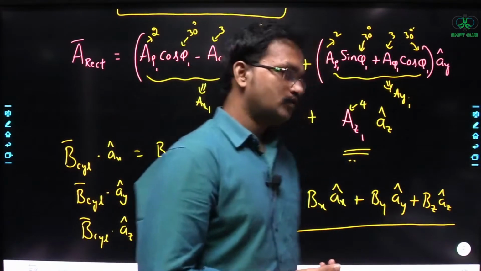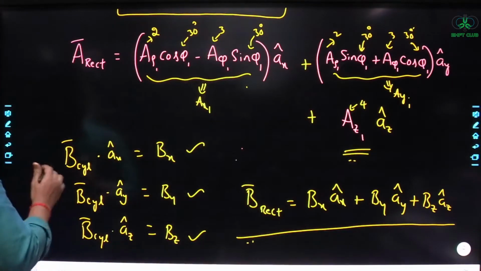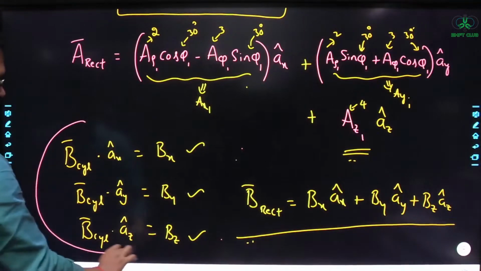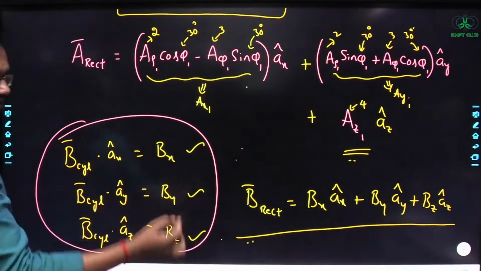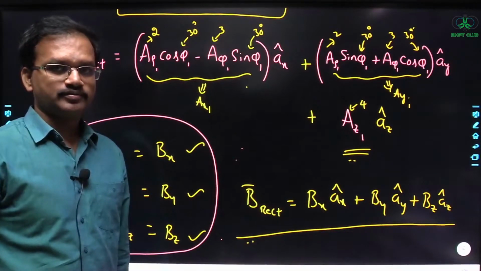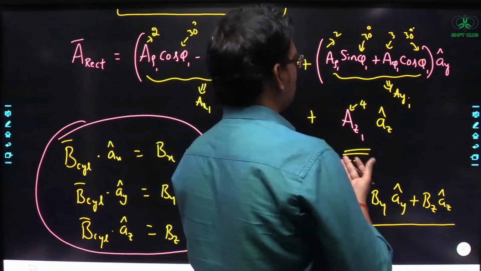So what you will do is just follow the procedure and try to determine this B bar in rectangular form, then you can add these two, right? I hope you can do this one here.